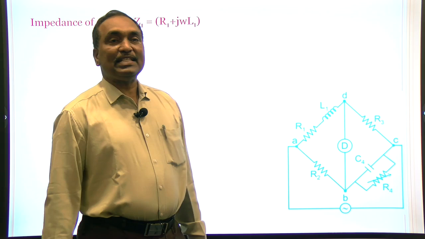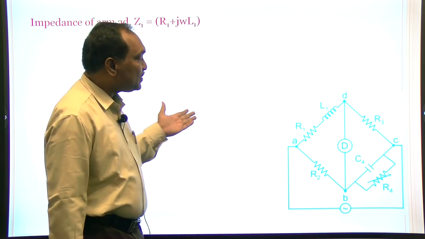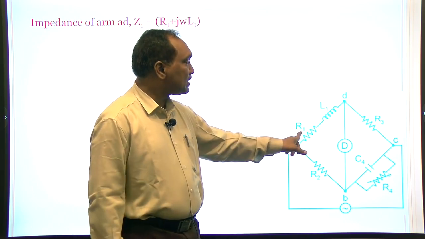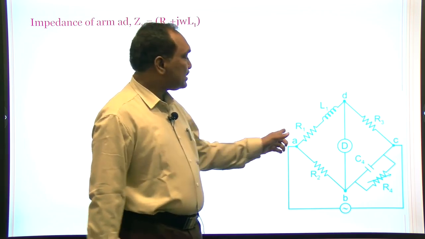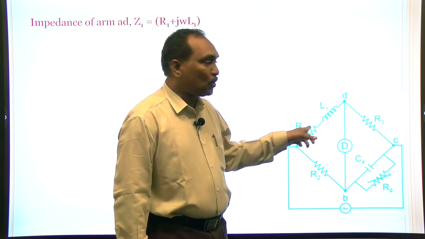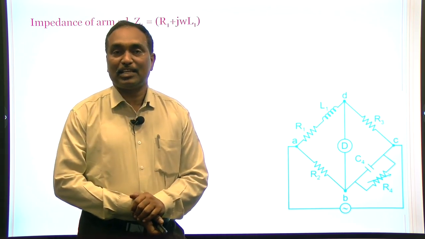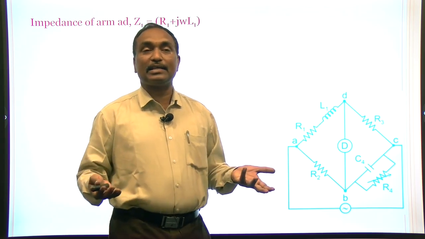Before using the Maxwell bridge, we want to know the impedances in the different arms. We know there is resistance R1 along with inductance L1. Resistance opposes the current, and inductance also opposes the current; it acts like a resistance.